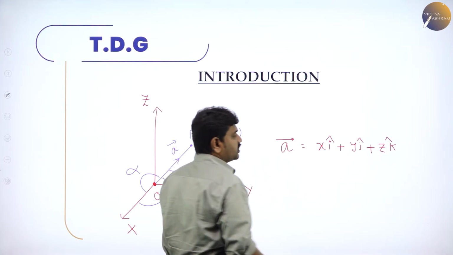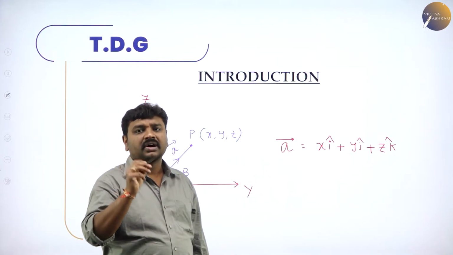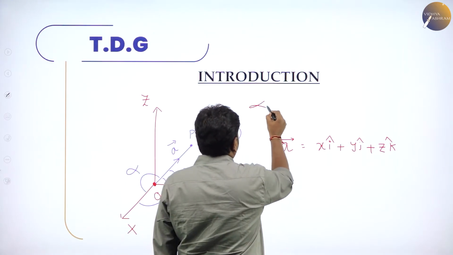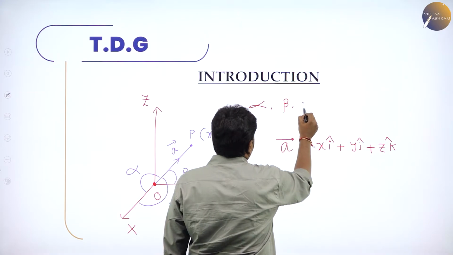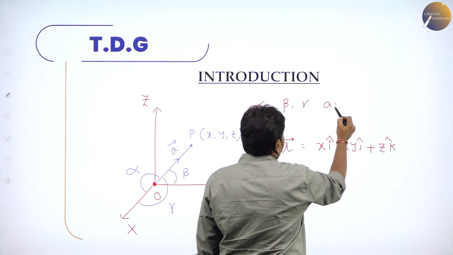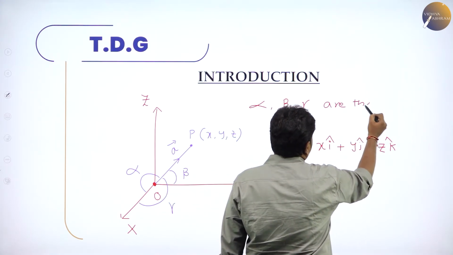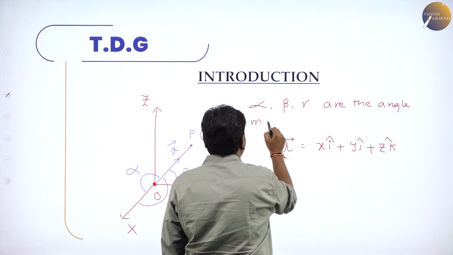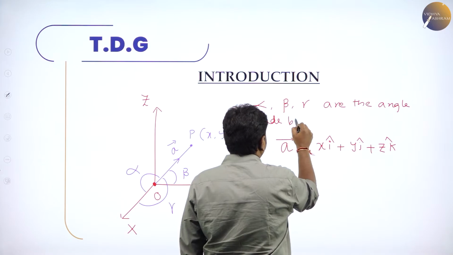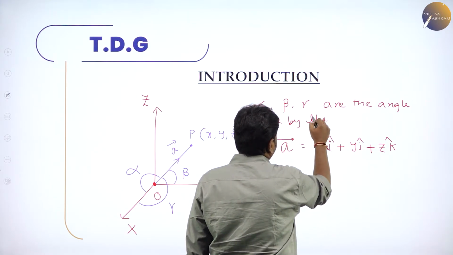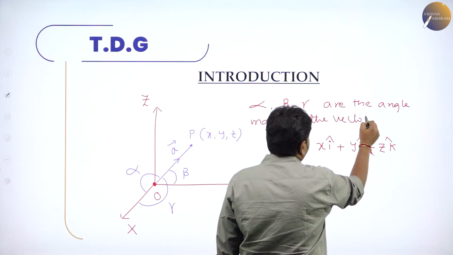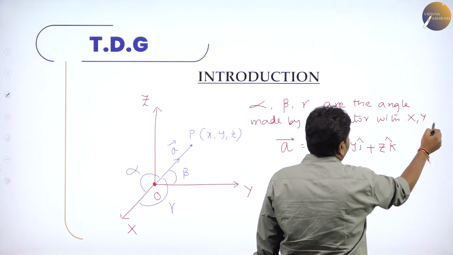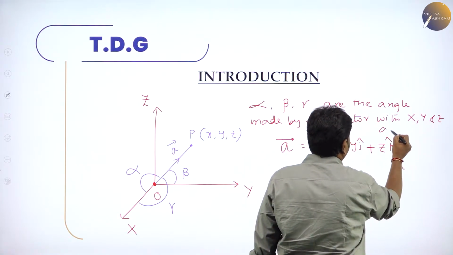Now direction cosines. Alpha, beta, gamma are the angles made by the vector with coordinate axis, with x, y and z axis respectively.